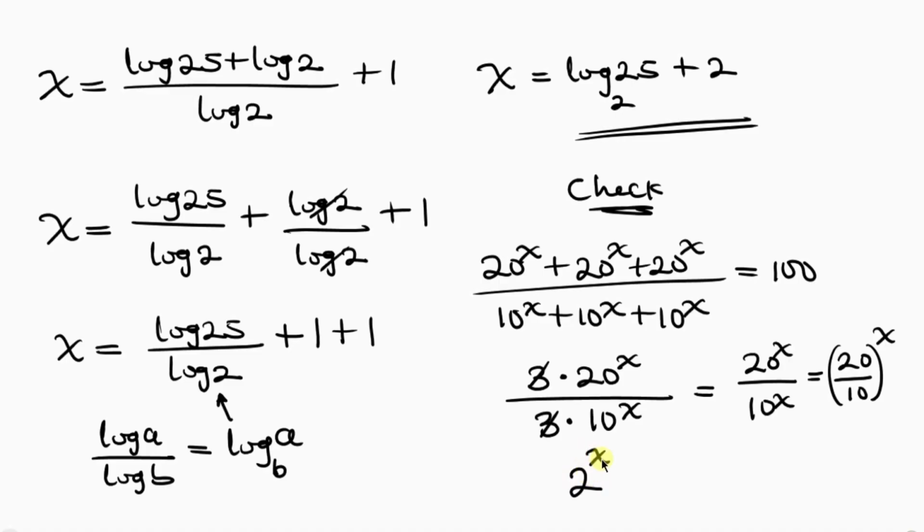Now we're going to be substituting our value of x, which we've got here, to see if we're going to be having 100. So this will be 2 to the x. Our value for x is log 25 base 2 plus 2.